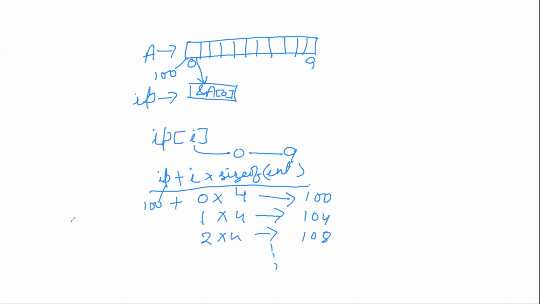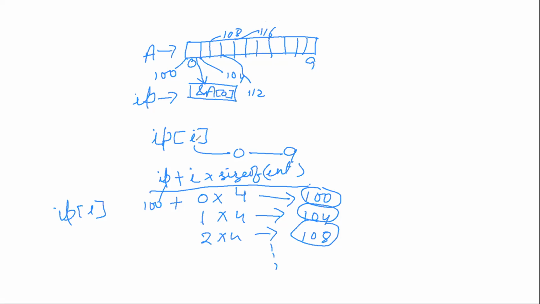So what does it mean? When you are writing ip[i], it will go to these different addresses and pick up values from there. For example, this address here is 100, the next is 104, this is 108, this is 112, and so on, 116, and so on.